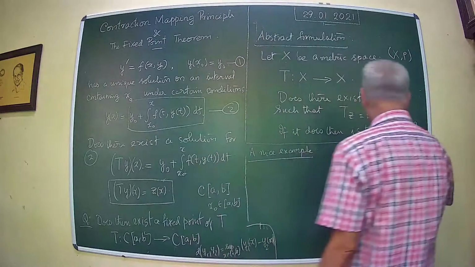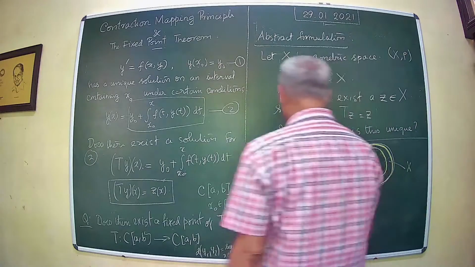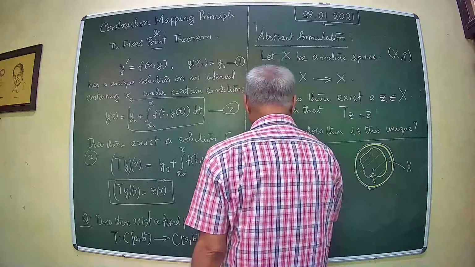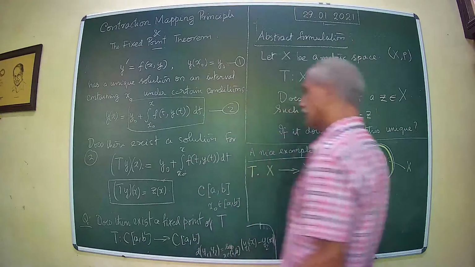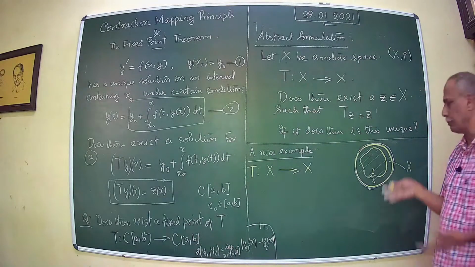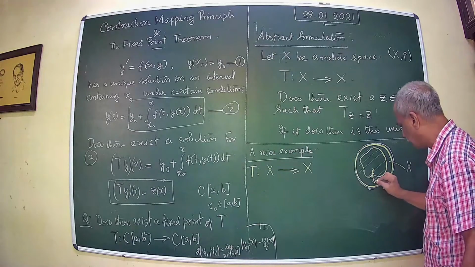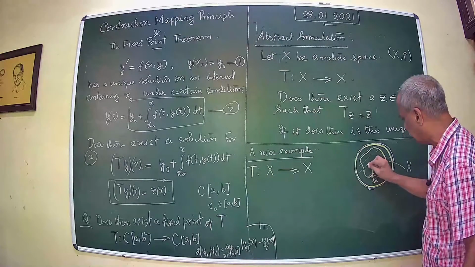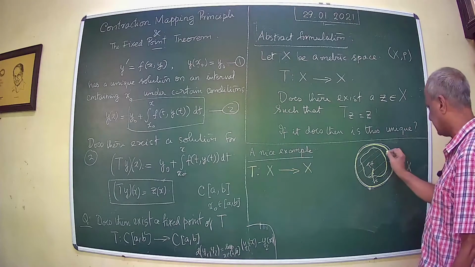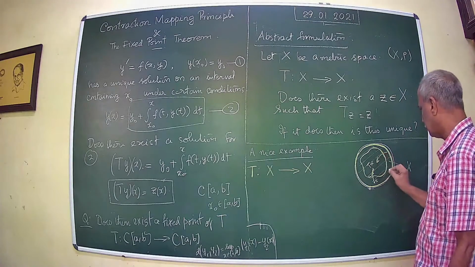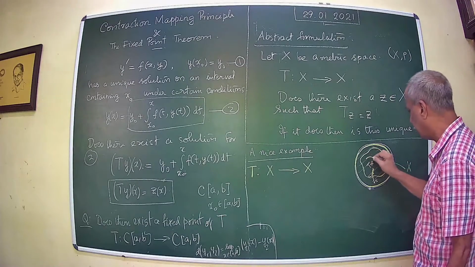If I call this your X, then there is a map T from X into X. If you consider this as X, then this point is Tx. Points here would have moved somewhere.